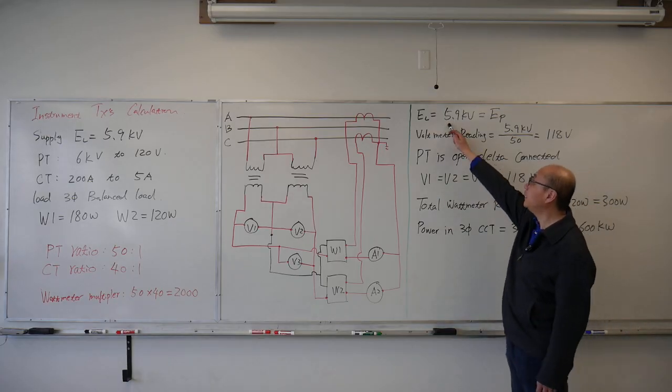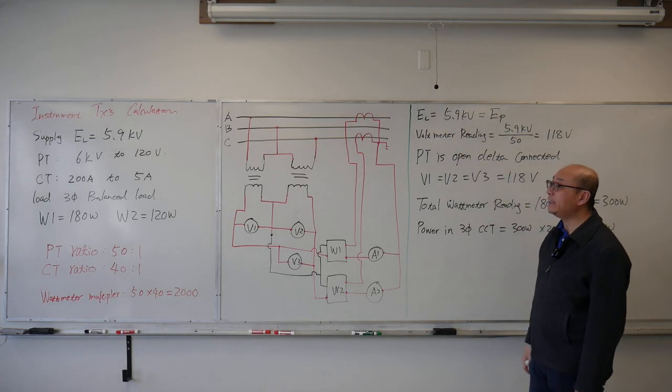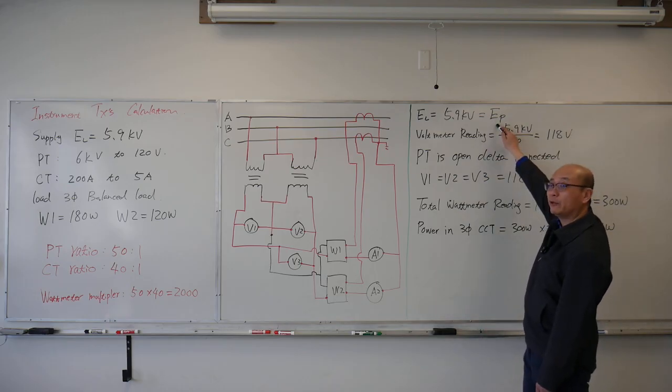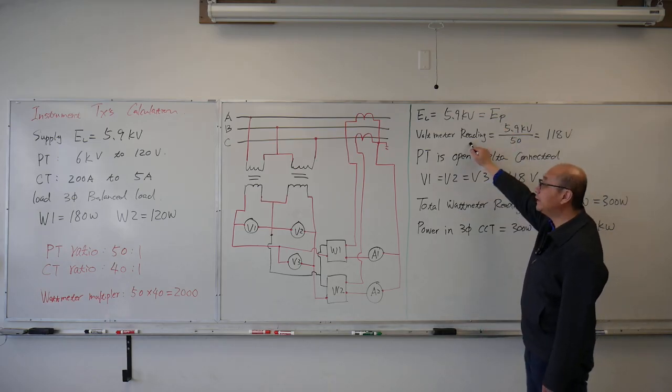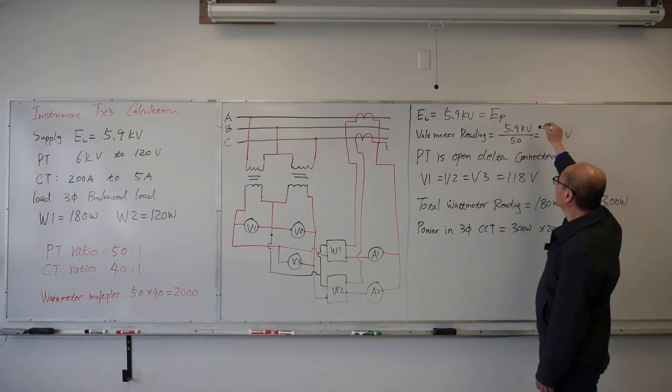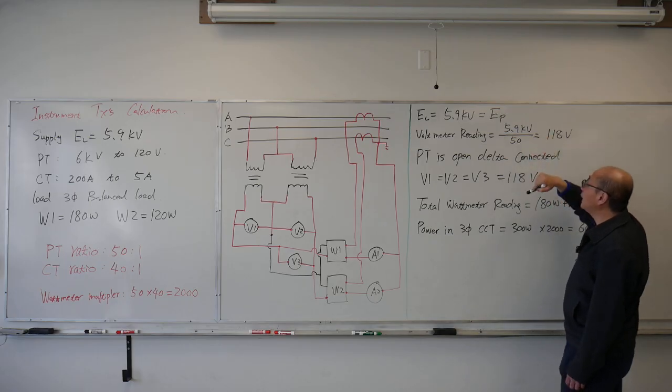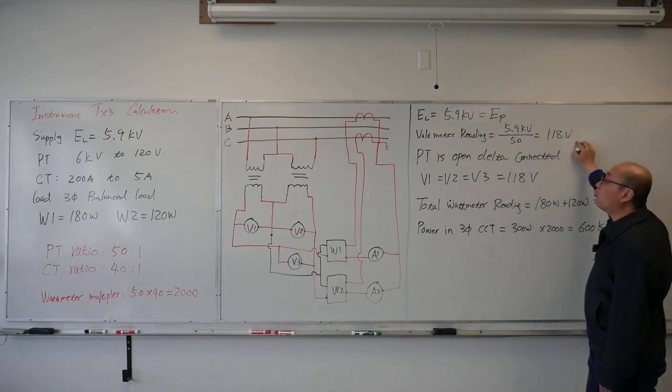The primary line voltage of 5.9 kV is delta connected, so the phase voltage is 5.9 kV. The voltmeter reading is the phase voltage on the primary side divided by the PT's ratio. So 5.9 kV divided by 50 gives me 118 volts.